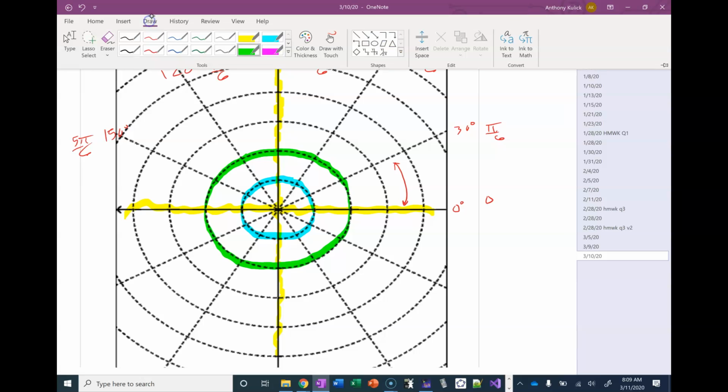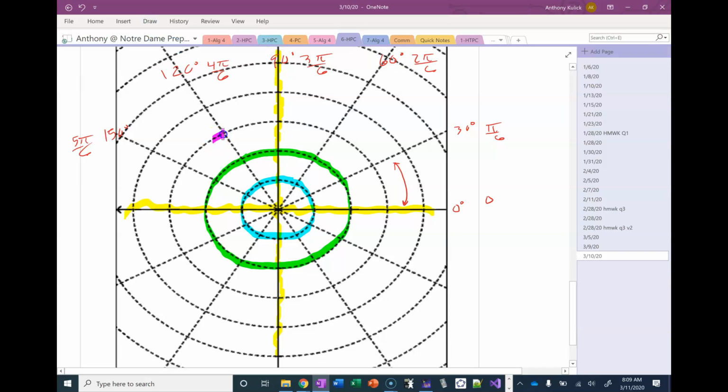And I can continue working my way outward. The next circle is a 3-unit circle. Its radius is 3. And I could keep going. Each circle is another 1 radius larger than the previous. Is everybody okay with how I'm reading this axis? Okay.